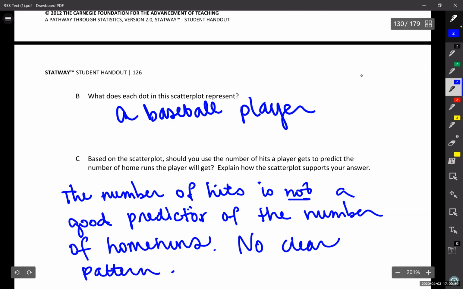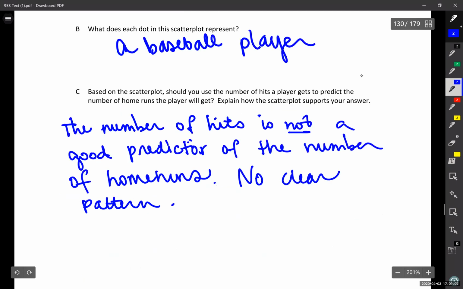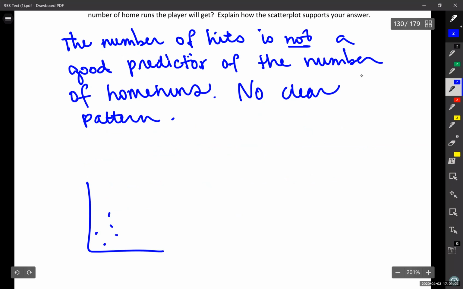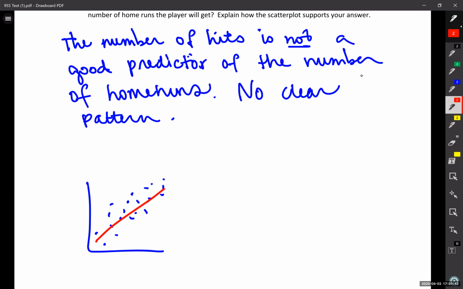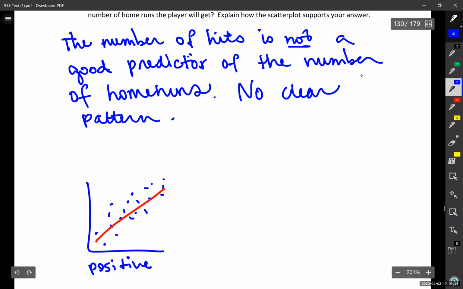We got a lot of no's, so let me just draw a picture of what a yes would look like. That's supposed to look like a snake. That is an upward pattern. The dots all go up. They go up at different paces, but they go up. So this is positive linear association.